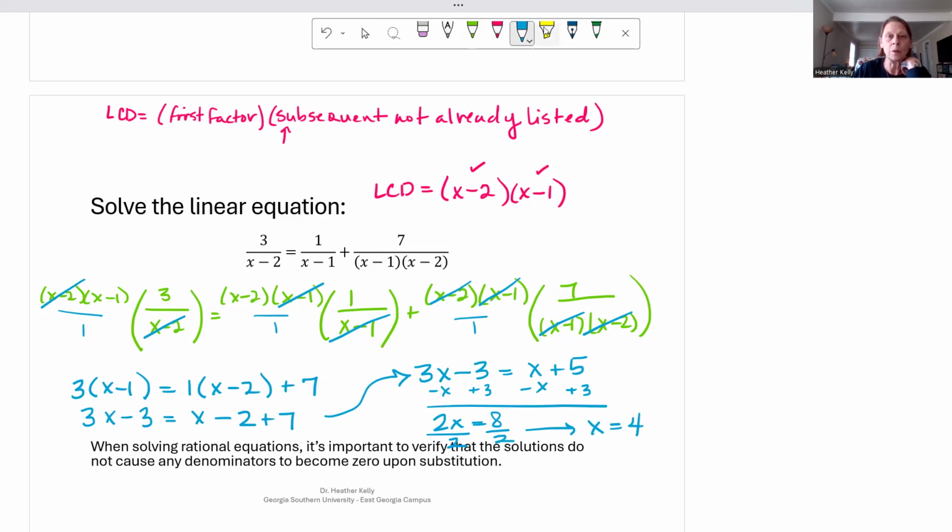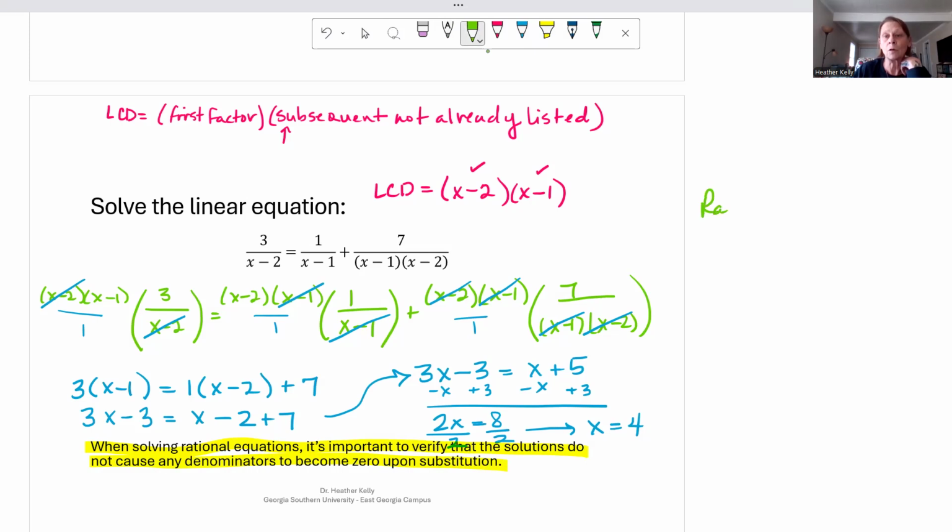Now I want you to take notice of something I wrote down here. When we solve rational equations, and that's what this is, a rational equation is an equation with a variable in the denominator. Okay, so let me write that down.